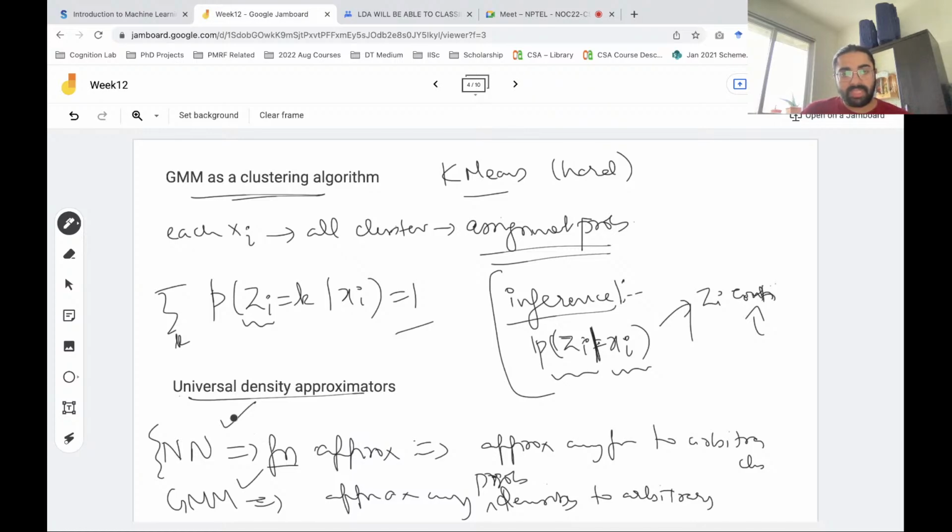Similar issues exist in GMMs: what should my number of clusters be, and how do I work with the issues that come up with GMM estimation? So these are the two points you should try to understand when it comes to GMM as an algorithm.